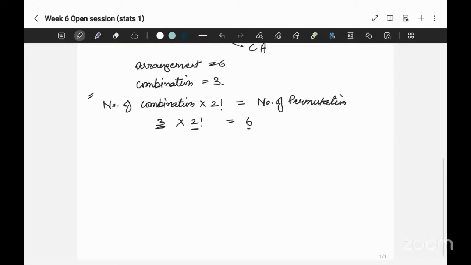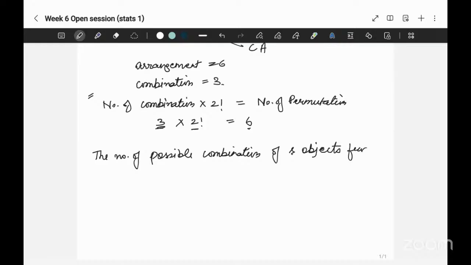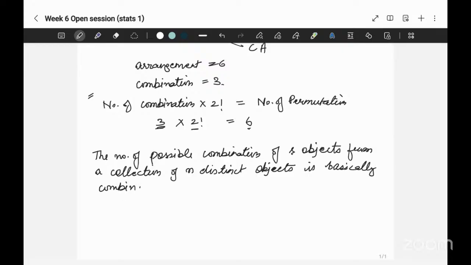Now if I take it for the rth case, I can say that the number of possible combinations of r objects from a collection of n distinct objects is denoted by nCr, which equals n factorial divided by (n minus r) factorial into r factorial.